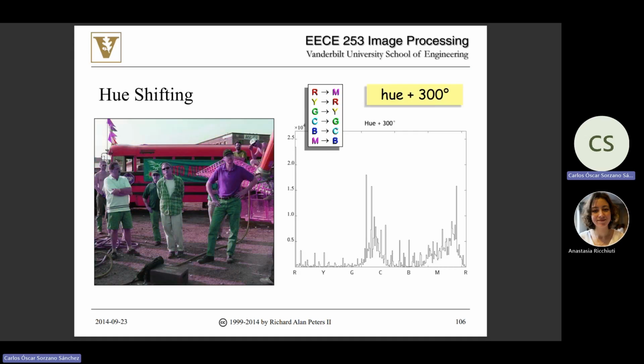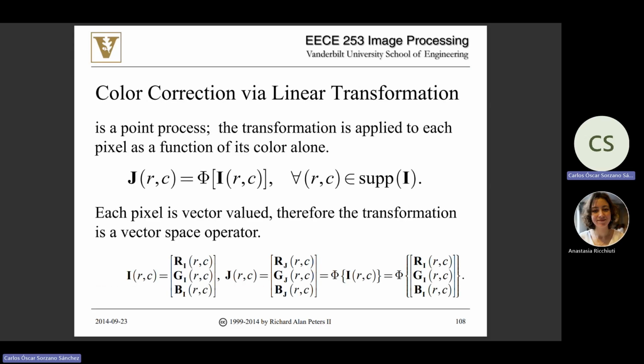Okay, so now let's play with colors in a different way. Let's say that we want to find a transformation such that we transform all colors at the same time following some pattern. So you have a vector I, which is the color that you have at that point. You go through a transformation, and then J will be different colors.